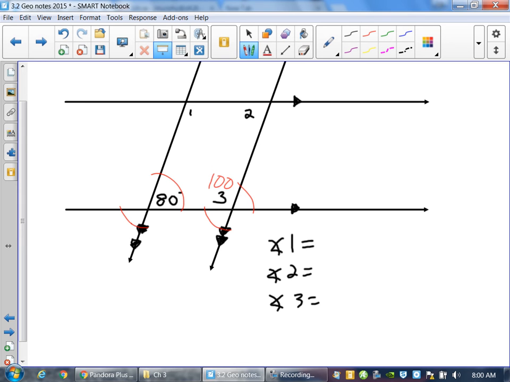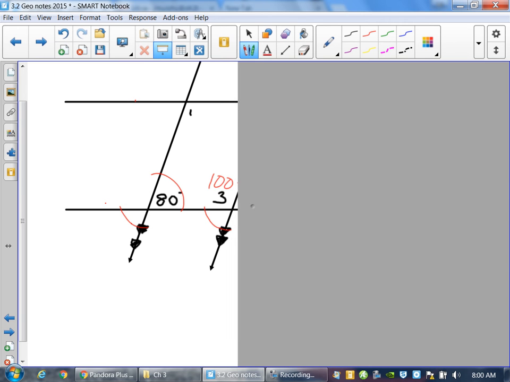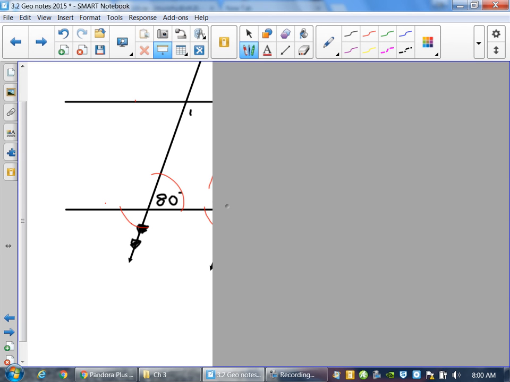Same deal going the other way. These two lines are parallel. Tick mark, switch sides, and tick mark. 80 and angle 1, do those two match up? No, so what's angle 1? It's 100.